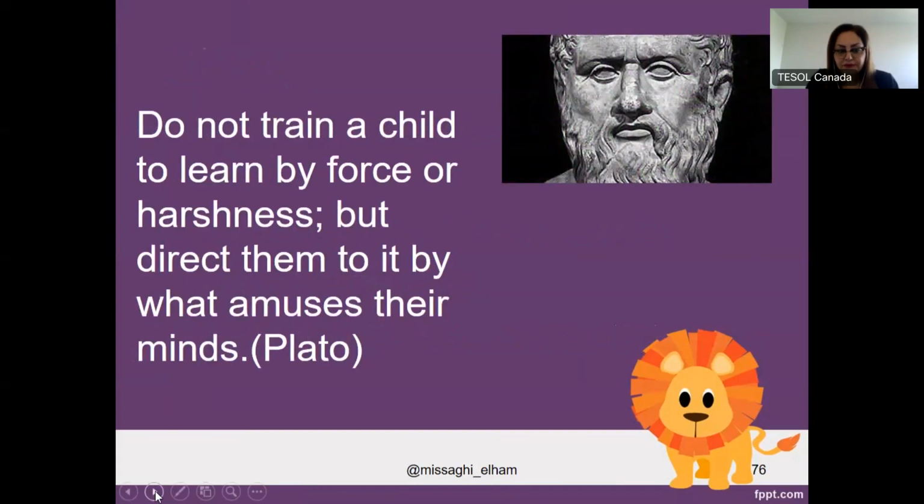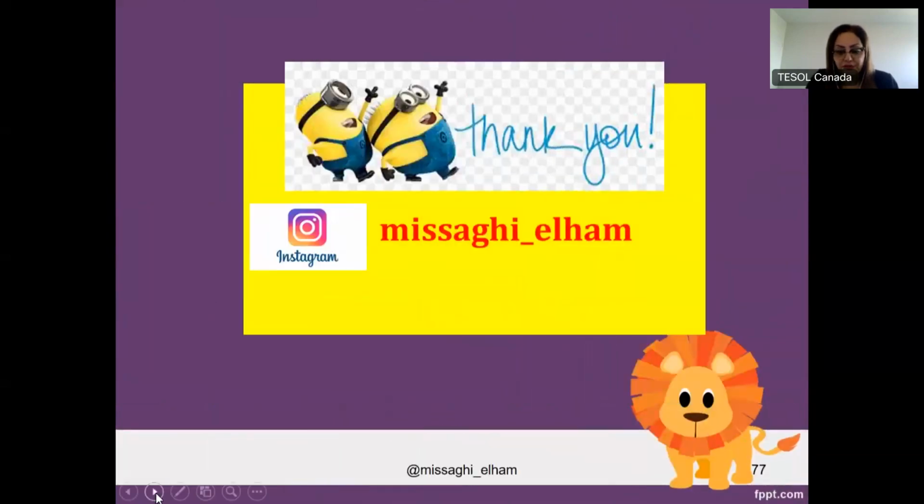Remember: do not train a child to learn by force or harshness, but direct them to it by what amuses their minds. Plato. When we design activities for children, they should be related to their world. They should make sense to them. And they learn when they have fun, when they enjoy it. Good? Thank you very much.